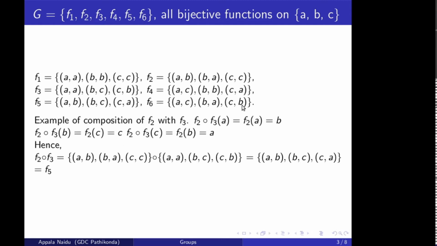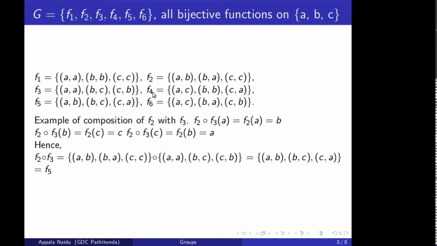In a way, the first components are elements of the domain, and the second components are elements of the codomain. Or in other words, the first component is the domain element, and the second component is the image of that element.